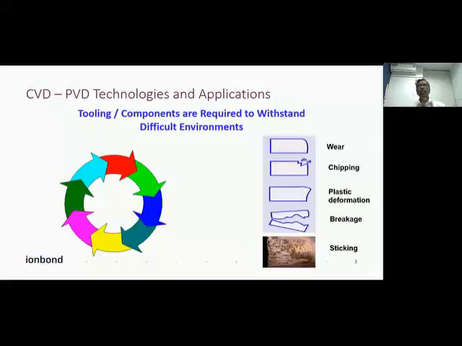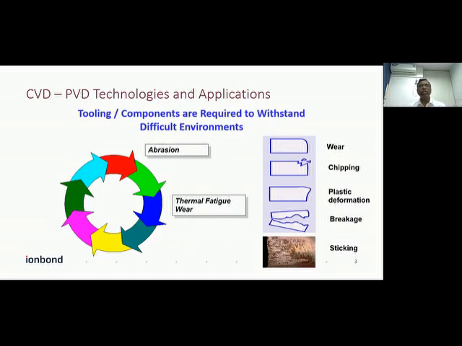When we are doing all those things, there is a lot of adverse environment during manufacturing. The first one is abrasion. We get a lot of wear due to the abrasion condition.